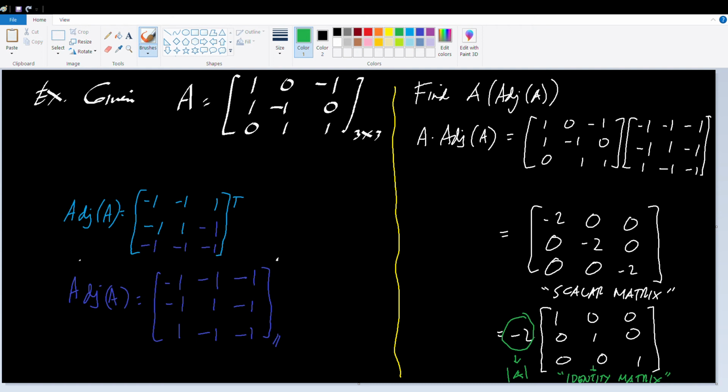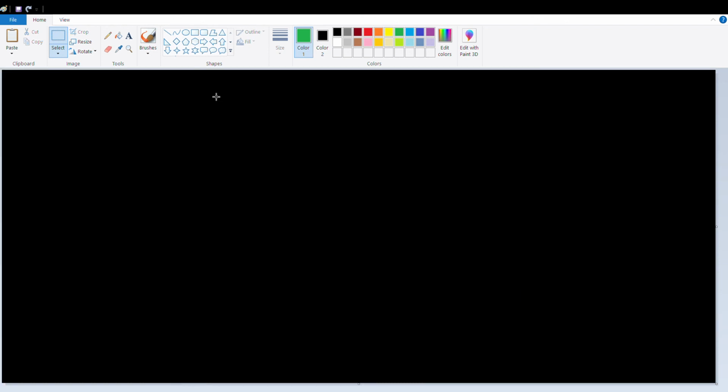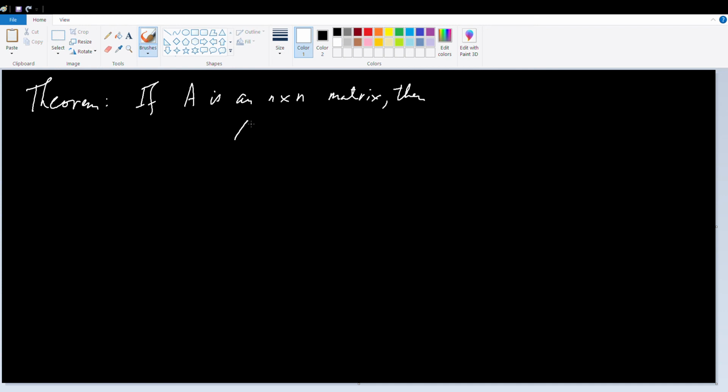Alright? So it leads us to an important theorem. The theorem states that if A is a non-singular matrix, or if A is an n by n matrix, then the product of A and its adjunct is equal to the determinant of A times In.